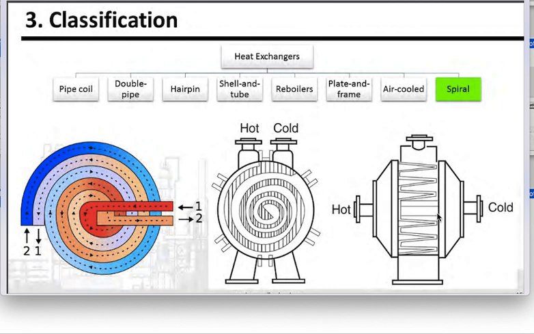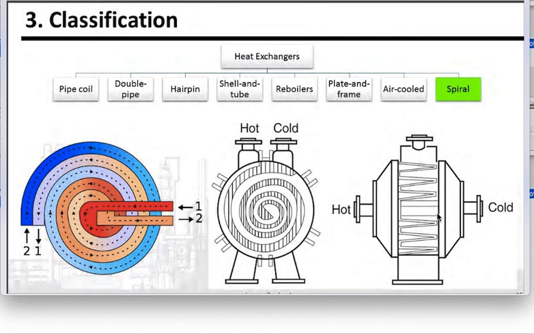Clean fluid is already available as an advantage, but easy expansion is one of the bottlenecks. You cannot expand your capacity by adjusting this design. And when compact space is needed, you can apply the spiral heat exchanger.